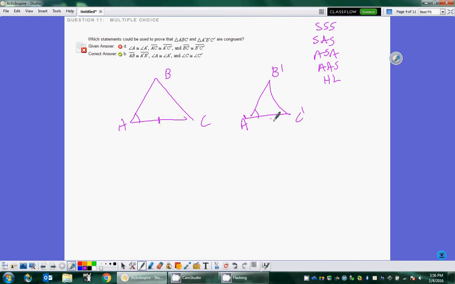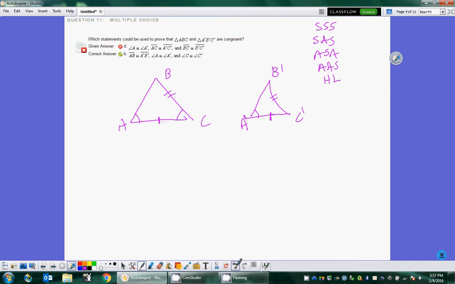So we are given that MO bisects angle NMP, so cut in half. So I've got angle NMO congruent to angle PMO. Then I've got MO is congruent to MO. That's the reflexive property. That's what happens when you have a shared side between 2 triangles.